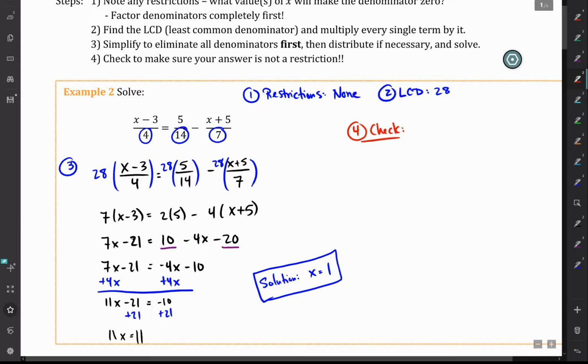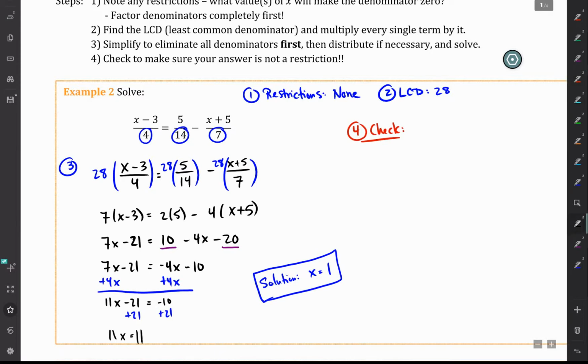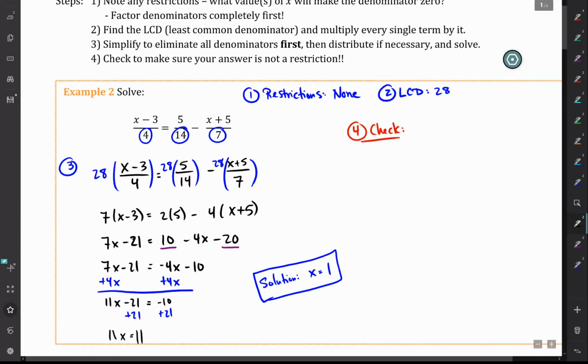And remember, to check if an equation is true, all you need to do is write down the equation, and anywhere where there was an x, you plug in 1. So I'm going to put parentheses there to remind myself of where the x is. So it's (x minus 3) over 4 equals 5 over 14 minus (x plus 5) over 7.